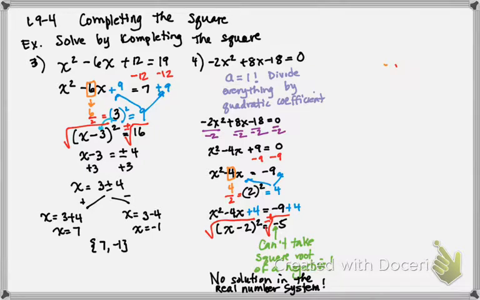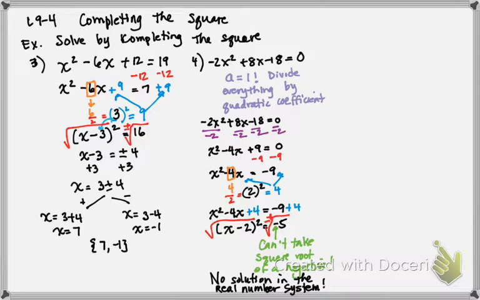Okay, so what that means is that you're going to learn in Algebra 2 trig that we can find solutions to this problem, but it's in what's called the imaginary system. So we have a real number system and we have an imaginary number system.